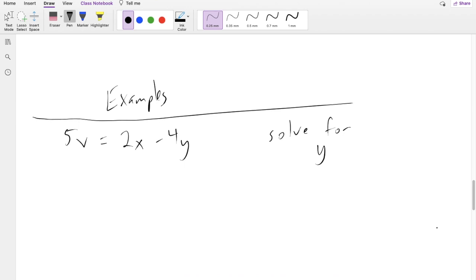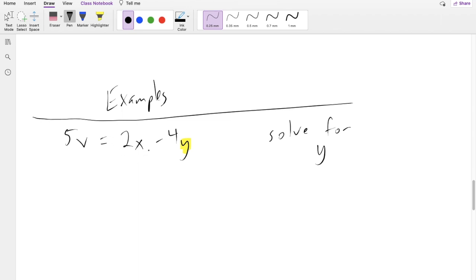So here we have 5v equals 2x minus 4y, and we're asked to solve for y. So I am trying to isolate this y. I want to get that y by itself. I see that we have some multiplication happening to the y with this negative 4. We have something being added to it with this positive 2x.